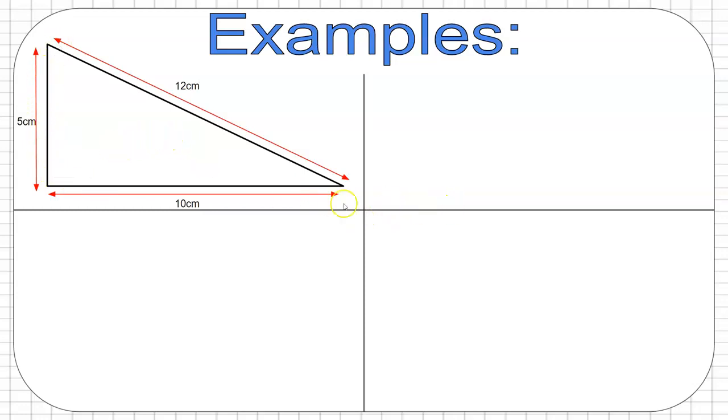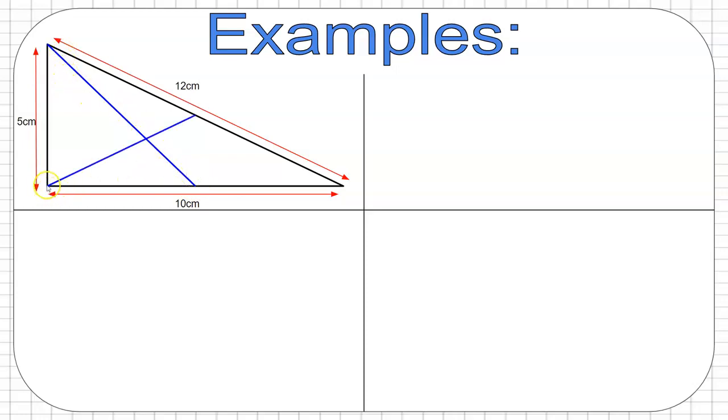Here is a right triangle with a side 5 centimeters long, 10 centimeters long, and 12 centimeters long. If we draw in our median right here and connect the vertex to the midpoint, which is 5 centimeters from each vertex, we can see that there's this median.